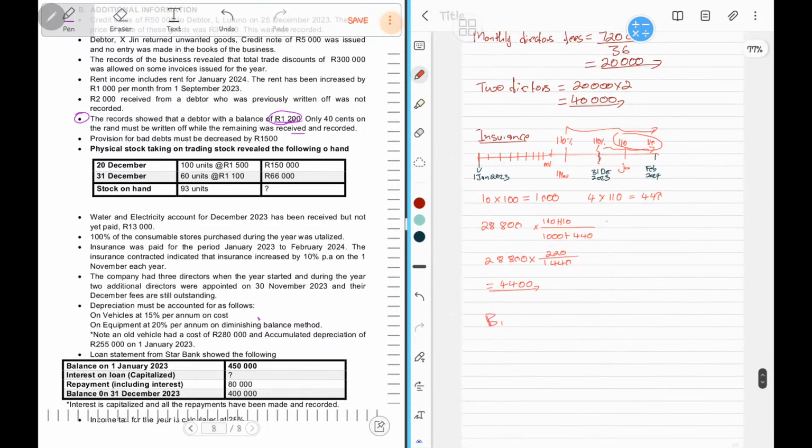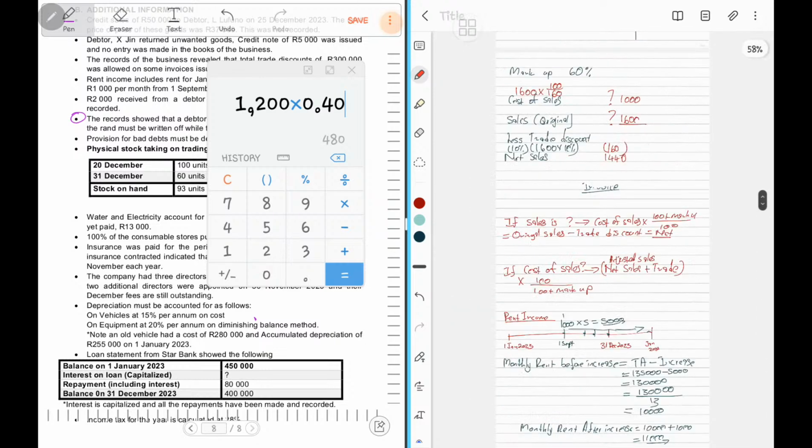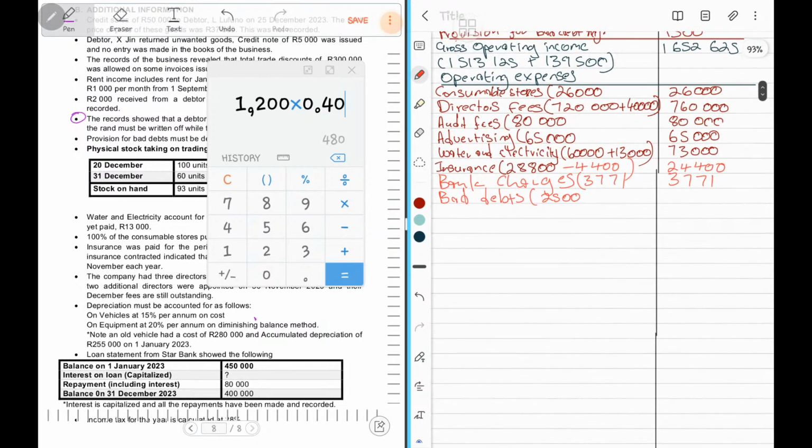So for bad debts, we're going to say 1,200, then we're going to multiply that by 0.40. That'll give us how much? 1,200 multiplied by 0.40 gives us 480. It means 480 is the bad debt. So we're going to come here and add the 480 plus 480.